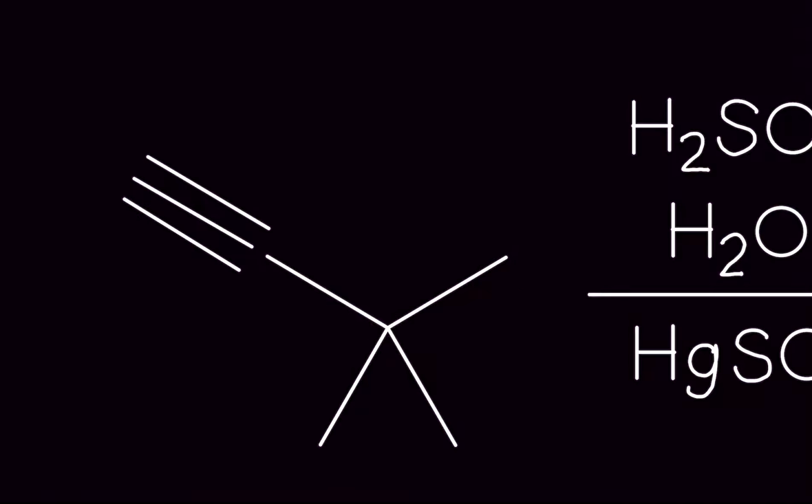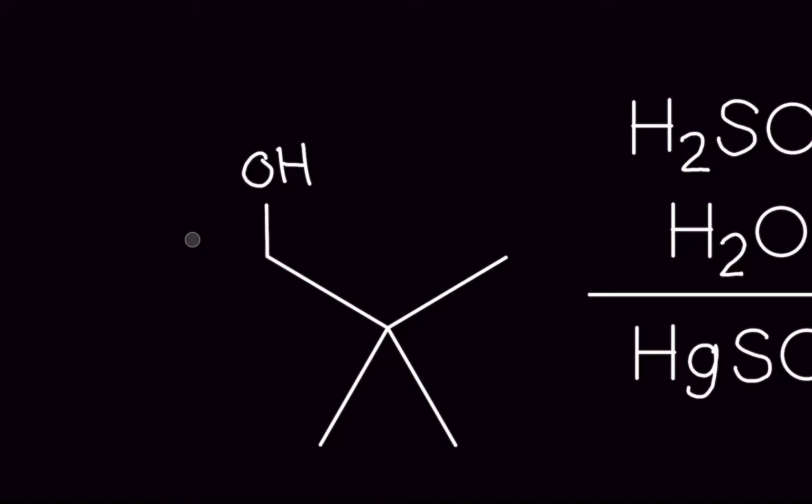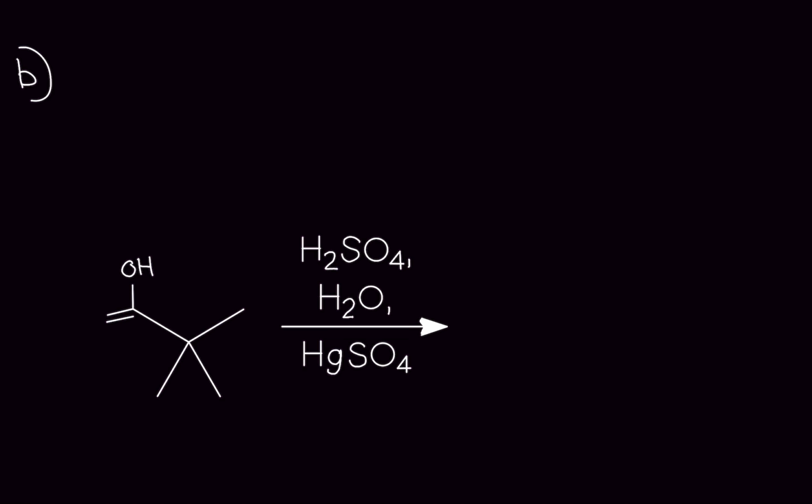So let me just delete this. We delete one pi bond. Get our OH. And now we have to make that L shape. So you have to fix it up a little bit. Good enough. We have an L shape. And that is our enol.